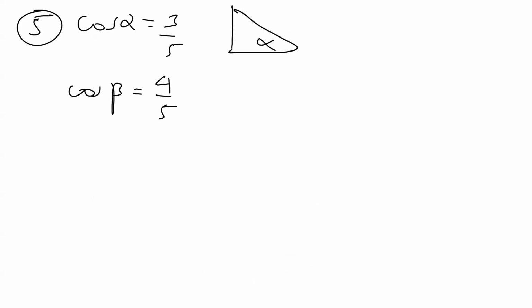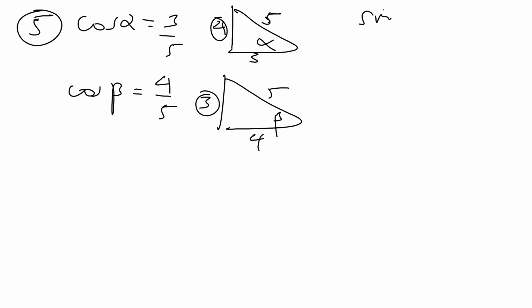So this is alpha, this is 3, this is 5, so this will be 4. And this is beta, so this is 4, this is 5, this will be 3. Sin alpha will be 4 by 5, positive because alpha and beta are in the first quadrant, and sin beta is 3 by 5.